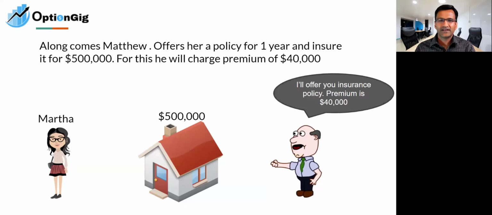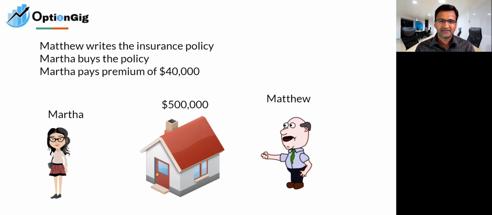Matthew will enter into a contract and tell Martha that I'll buy your house for $500,000 whenever you want, but up to 1 year. But I'll charge you a premium of $40,000. You will have a privilege to give this house to me at $500,000. But for that privilege, you will have to pay $40,000.